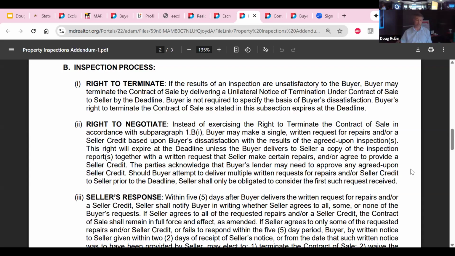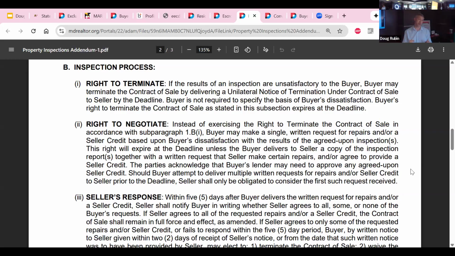But if you're negotiating, you're saying, I need the roof patched pursuant to paragraph 3F, and you send them the report. Okay, this is all within the same deadline. You send a repair request through the property inspections notice, which is also on the NAR website, and you attach the report alongside it.